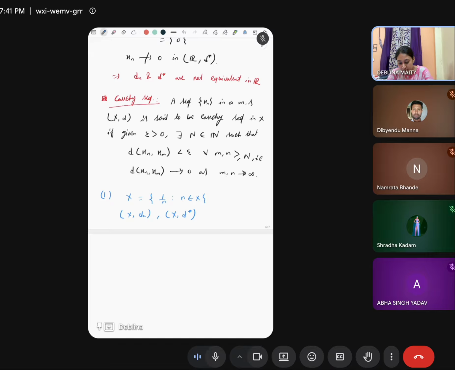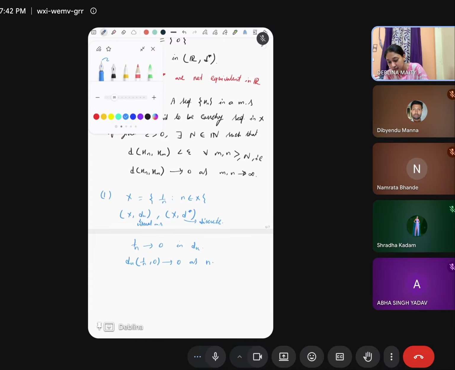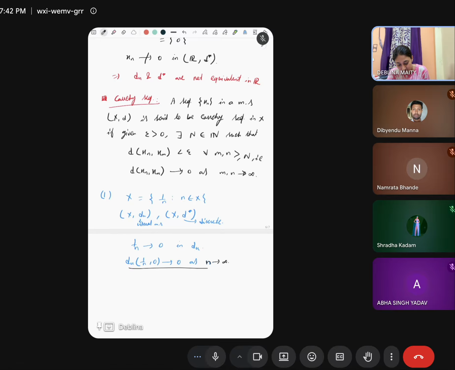We have already seen that in the usual metric, 1 by n converges to 0, so du(1 by n, 0) goes to 0 as n goes to infinity.